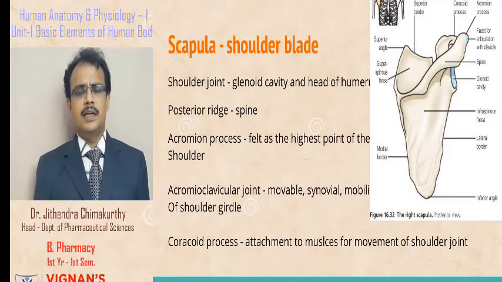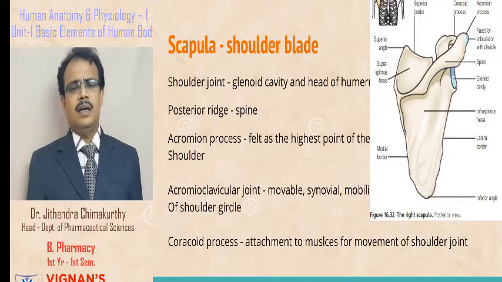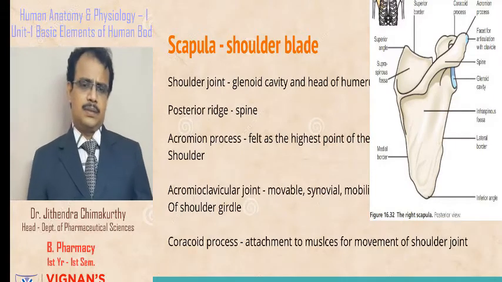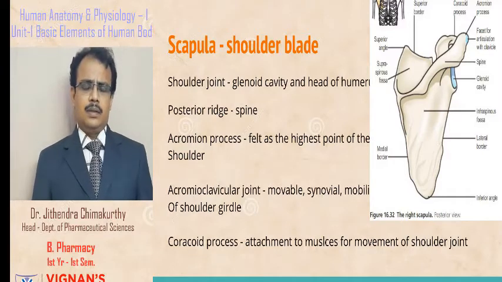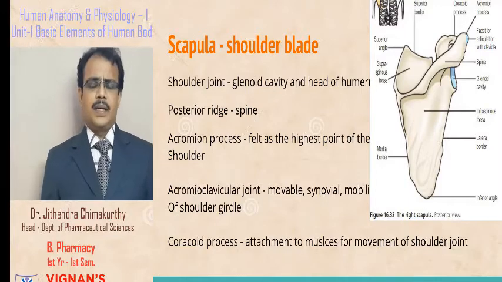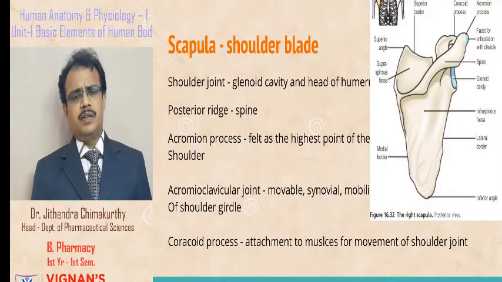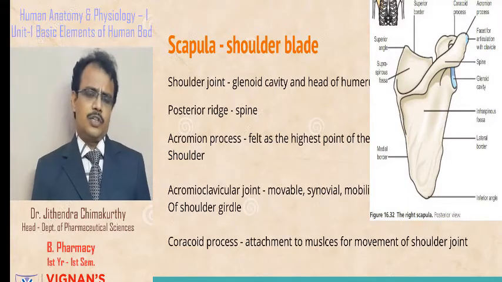Towards the lateral end of this scapula lies a cavity called the glenoid cavity, for the head of the humerus. The humerus is the bone of the upper arm and its head lies in this glenoid cavity to form the shoulder joint.